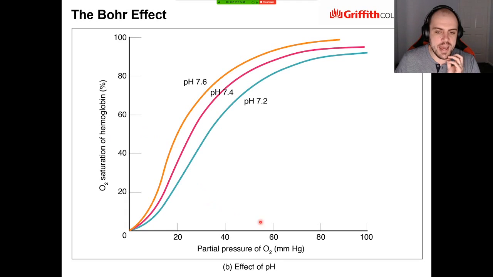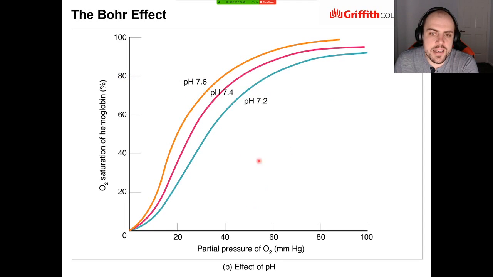Because if we compare, again, let's say at a partial pressure of 60, at a pH of 7.6, it's around 90% saturation, which is pretty good. Whereas if we compare it to a pH of 7.2, which is more acidic than 7.6, it's around 80-ish%.